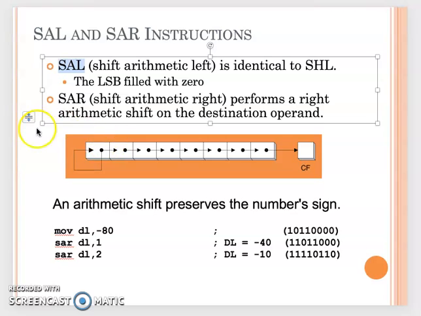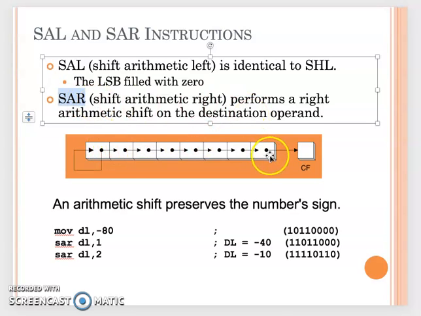But when we shift to the left, the opened-up position is the least significant bit, so we still fill out with 0. So SAL and SHL are actually the same, because the least significant bit is filled with 0. The only case where the most significant bit opens up is when you shift to the right. So that's why we have SAR, which does the arithmetic shift to the right.